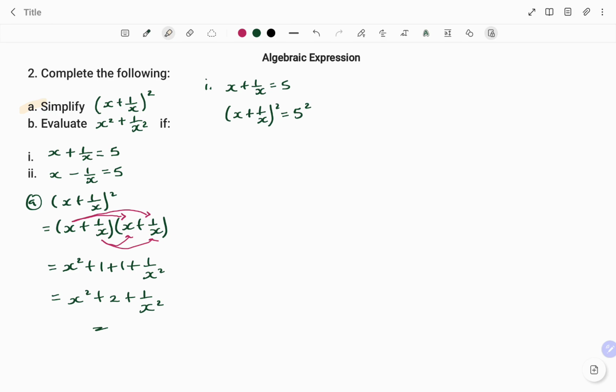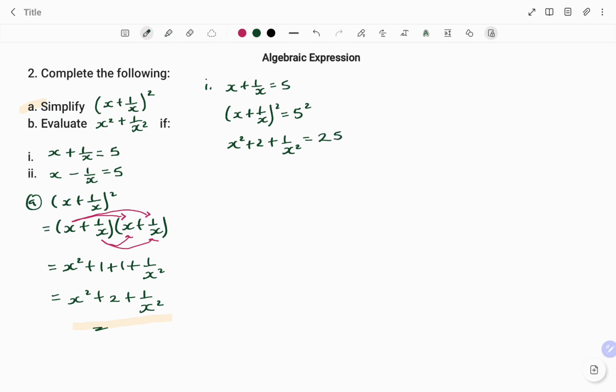Note that we already have the value of x plus 1 over x all squared in the first part of the question. So putting that back into the equation, we have that as x squared plus 2 plus 1 over x squared equals 5 squared.